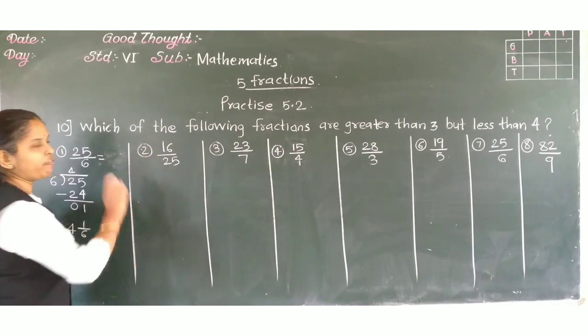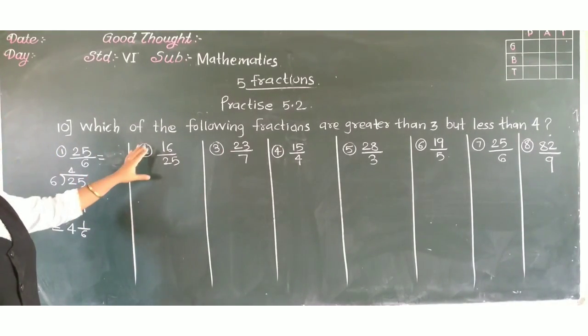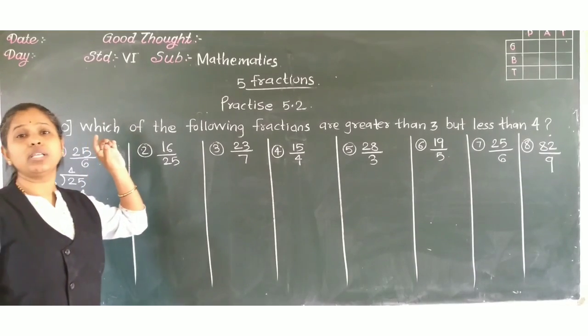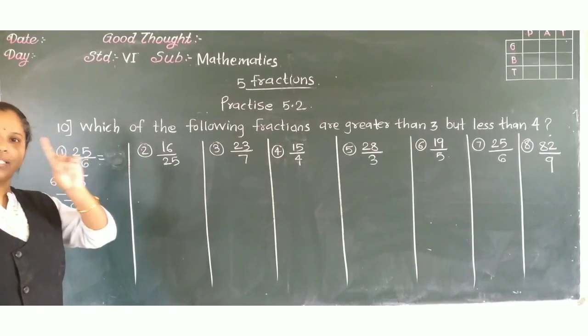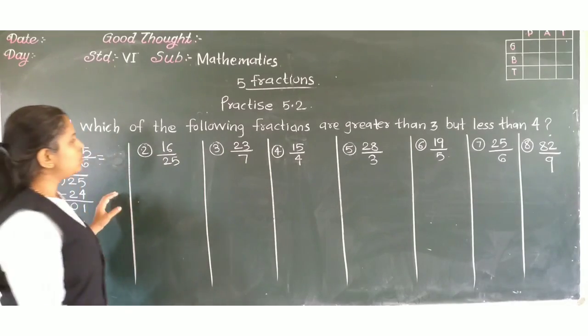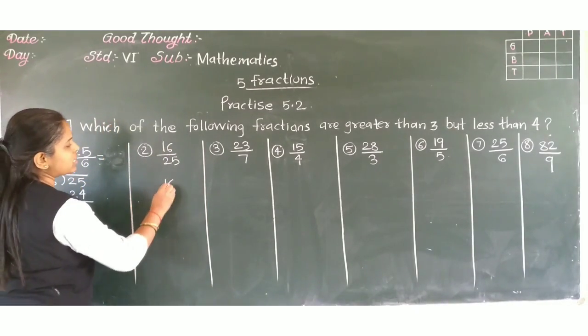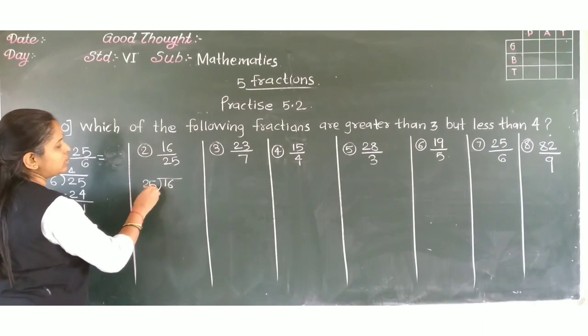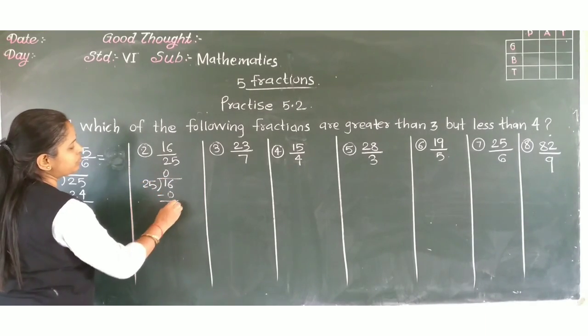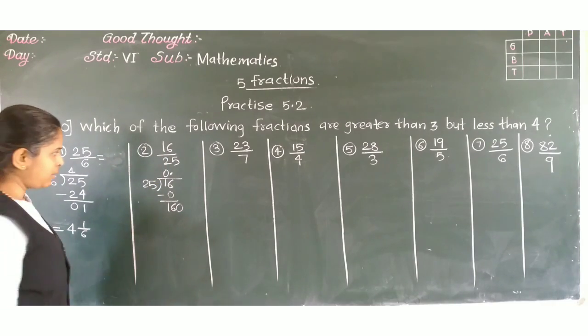Now 16 and 25. This is a proper fraction. So always keep in mind, students, proper fractions are always less than 1. See, it is less than 1. So here, less than 1 means what? We have to divide 16 by 25. So 25 zeros are 0. Then take 0, put a decimal like that.